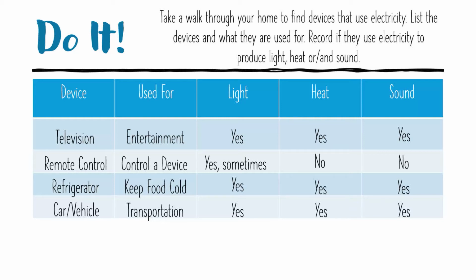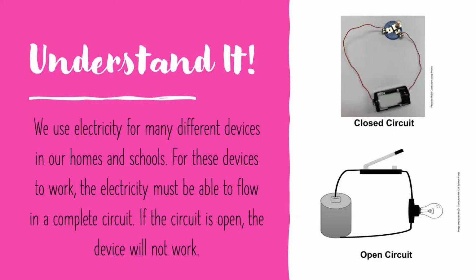My refrigerator is plugged in, and my car uses a battery to stay on. Okay, as well as gas, but without the battery, my car would not work. Some cars also could be plugged in, electric cars. Okay, so all of these devices use some type of electricity, whether it's plugged into a wall or using a battery, in order to function.